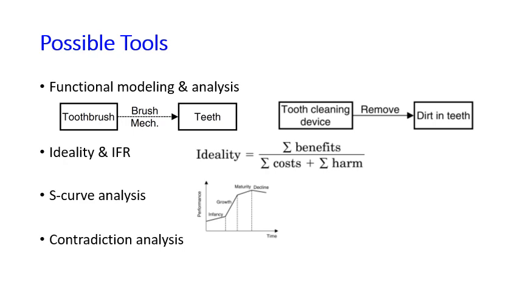We can also see how far we are in the technology evolution by looking at the S-curve analysis and thinking about which part of this curve our product is currently in. And then we can also do contradiction analysis to see if there is any technical or physical contradiction when we try to improve our system.